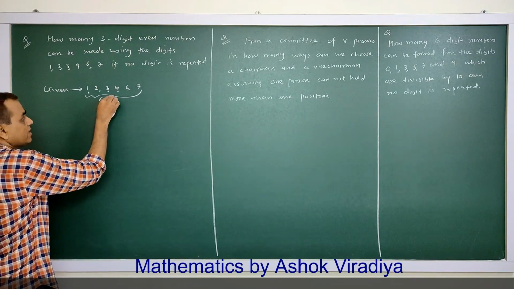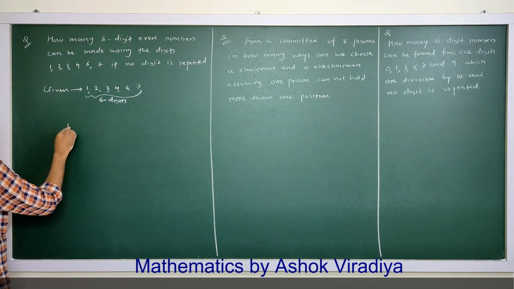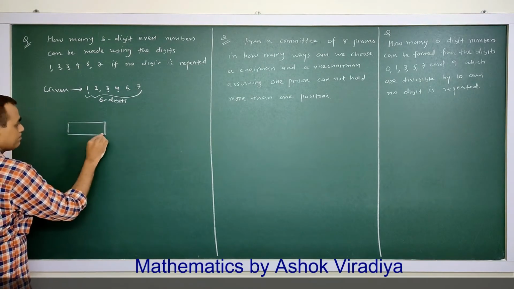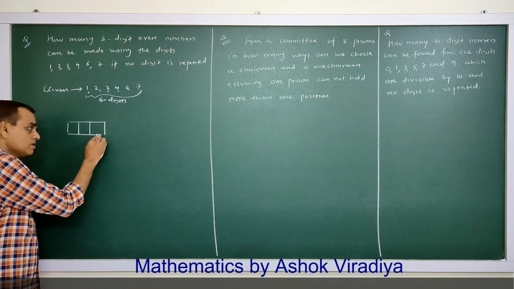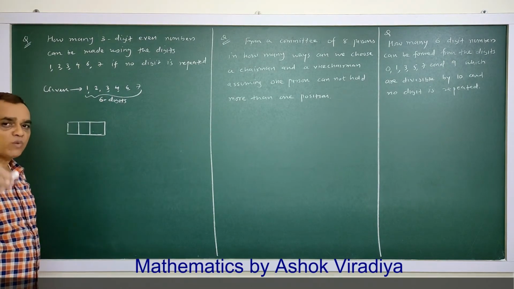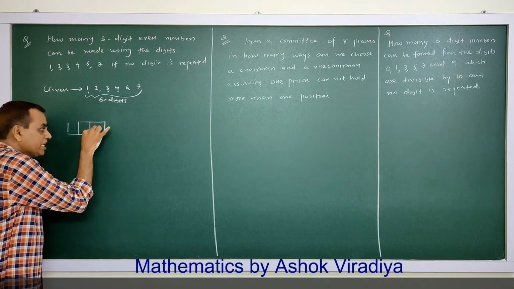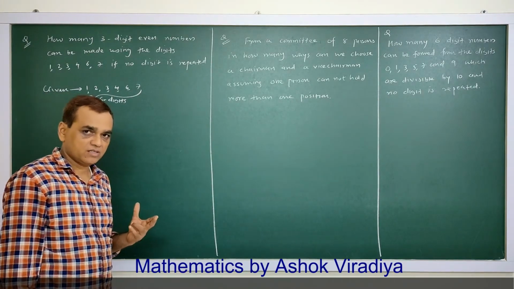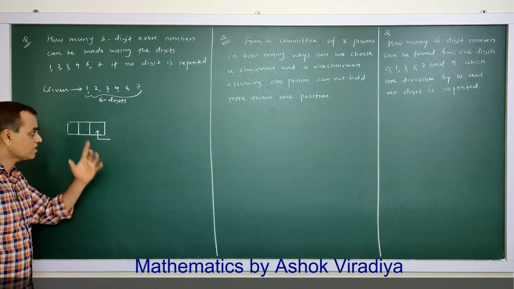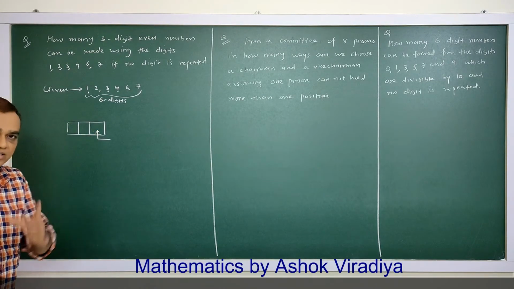We want a 3-digit even number. Now, any number is said to be even if the number at the unit place is an even digit. So first of all, you have to focus on the unit place because the required number is even.